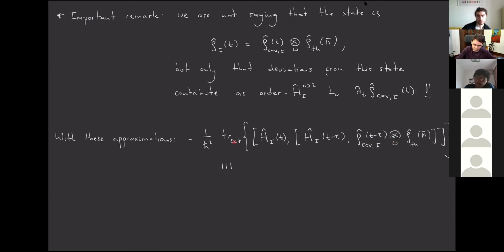So at the end of the day, we will have the external trace, the product of operators in the external space given by the Hamiltonians, and then the state of the external modes. Because the Hamiltonian is linear in the B operators, what we will get are objects that will be quadratic in the B operators, and then the expectation value in the external thermal state.